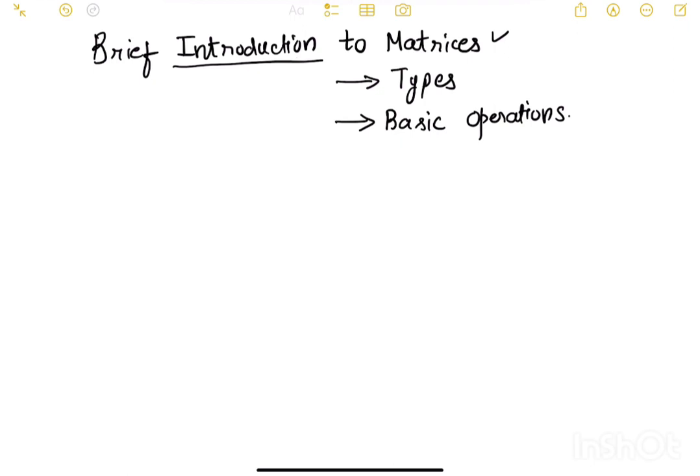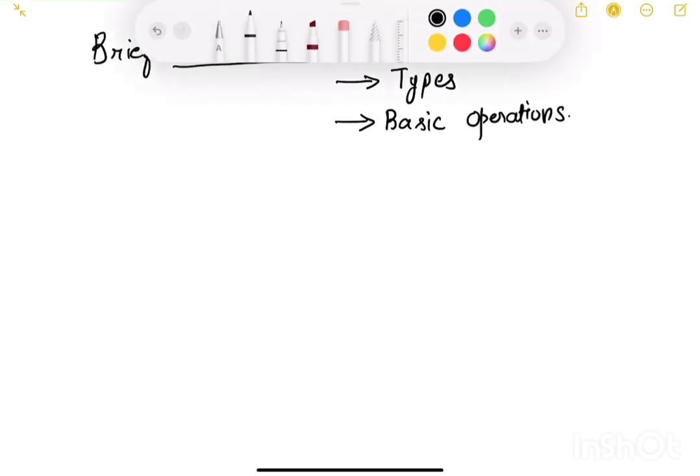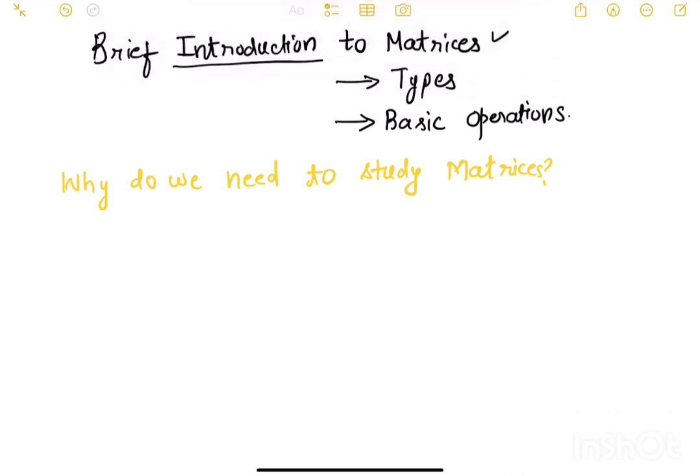So, now the first question that might be coming into your mind is, why do we need to study matrices? Right? So, the basic concept is that in this world we deal with large data, which we can say is complex, right?